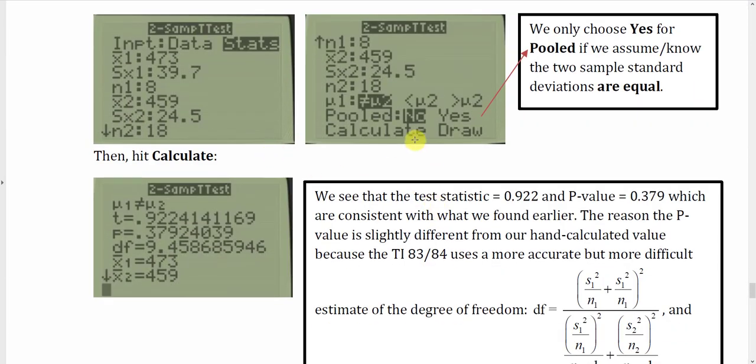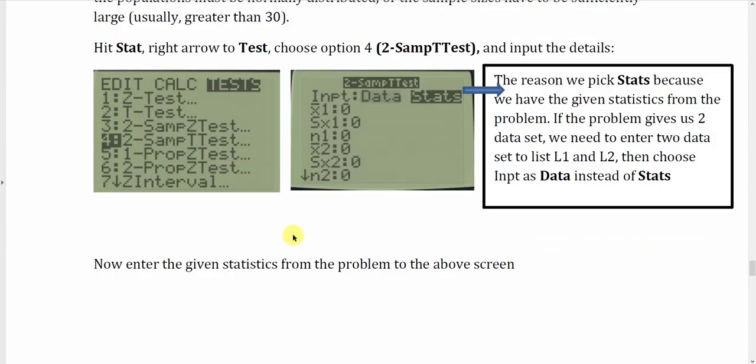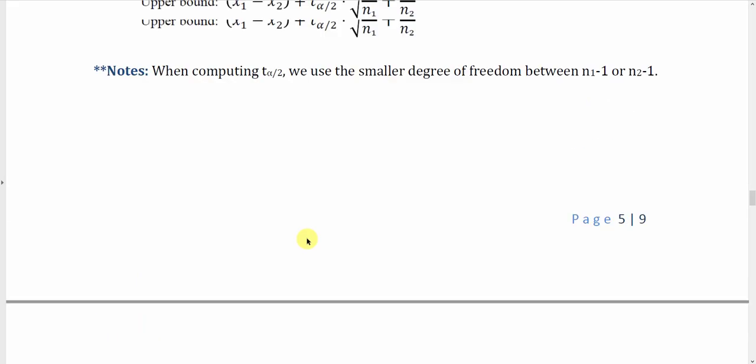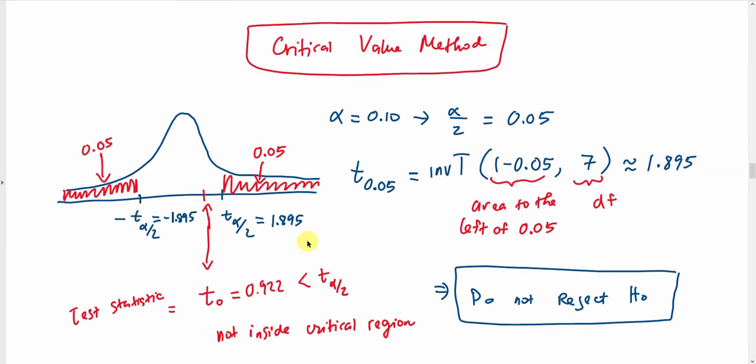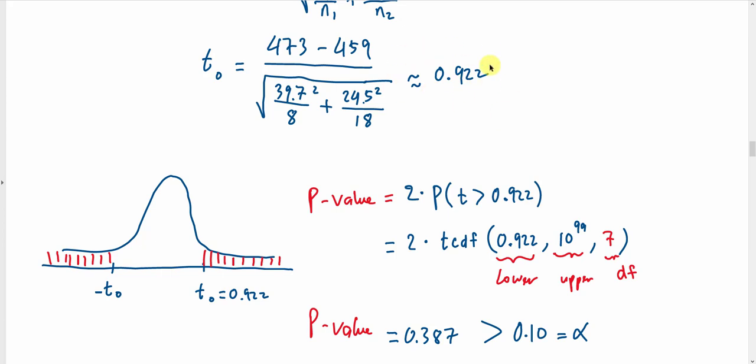Okay, and then just hit the calculate button, and that should give you the test statistic, which is the t of 0.922. That was the value we got earlier, 0.922, which is right here. The same thing, right? That's the test statistic.